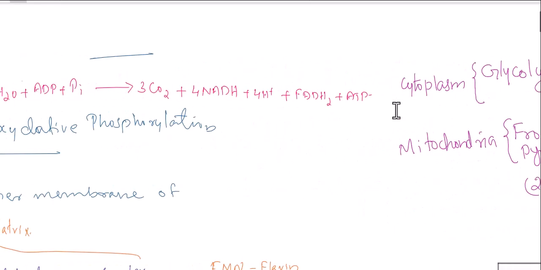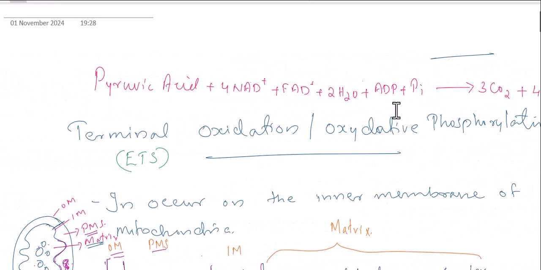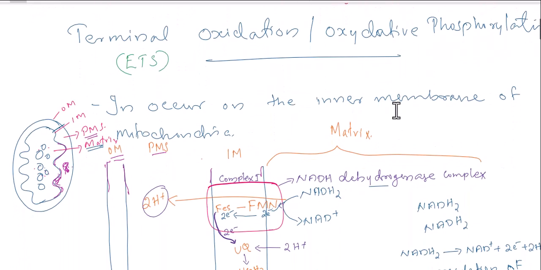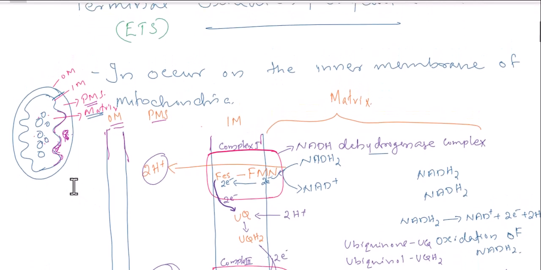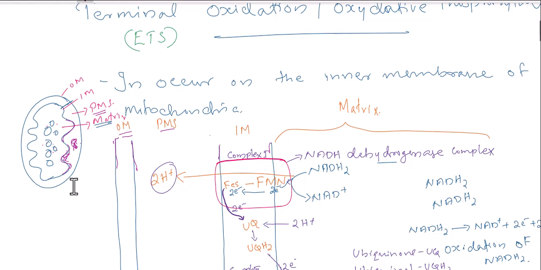That terminal oxidation occurs on the inner membrane of the mitochondria. We know that in the mitochondria there are 2 membranes. This is the outer membrane, then the inner membrane.